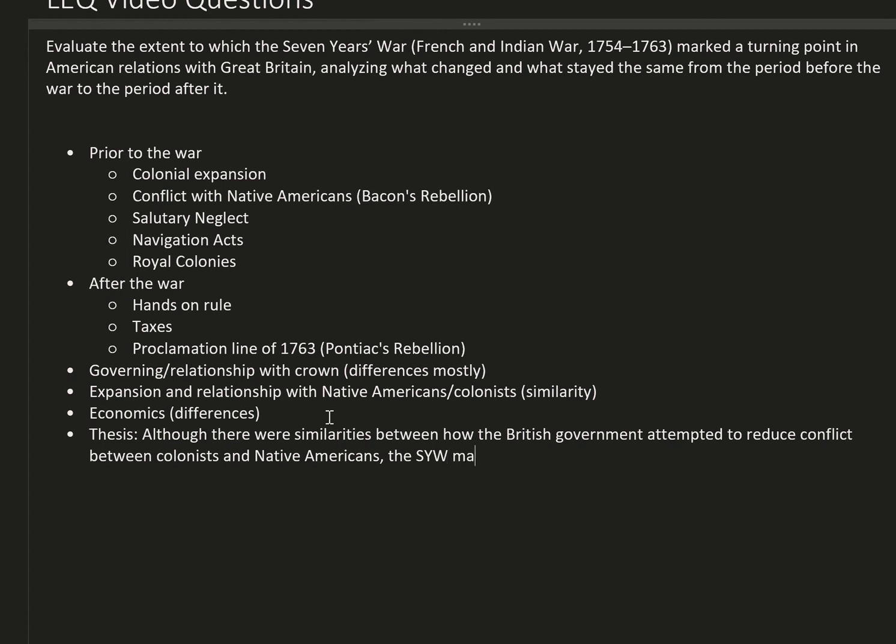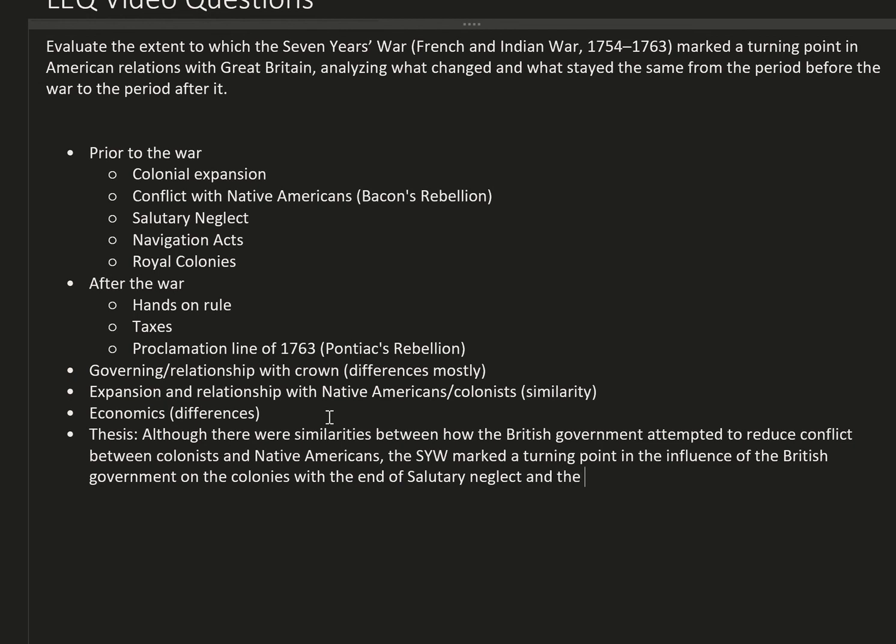The 7 Years' War and the influence of the British government on the end of salutary neglect and the increase in direct taxes on the colonists.